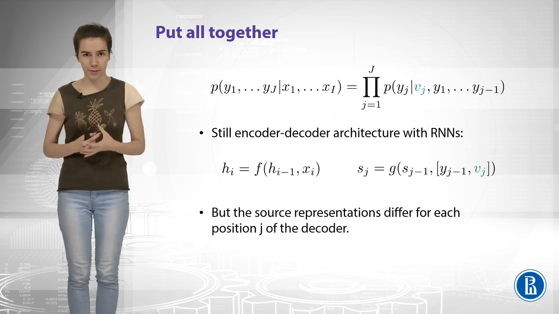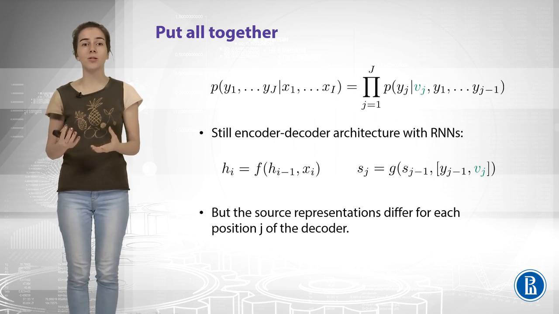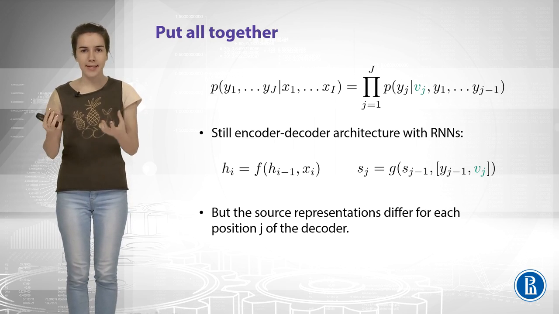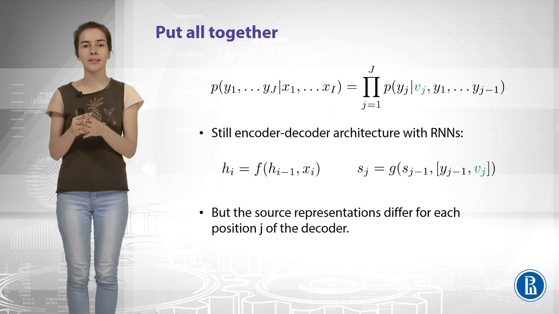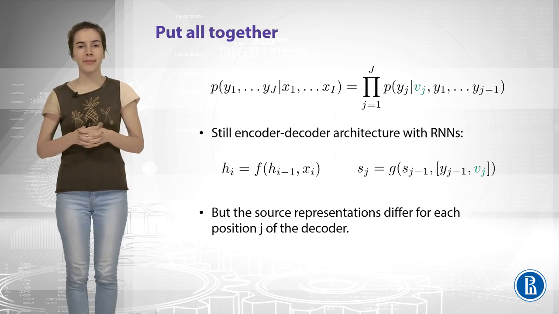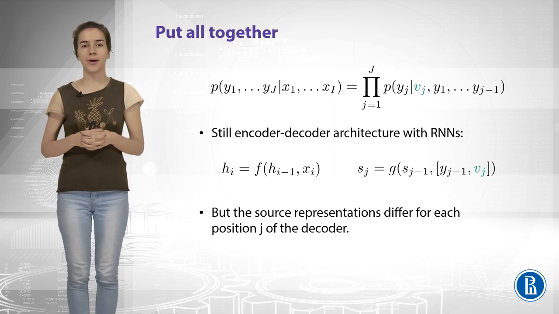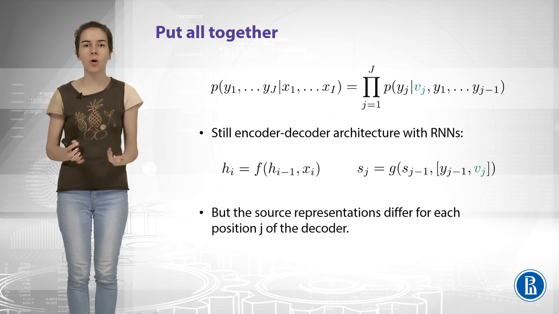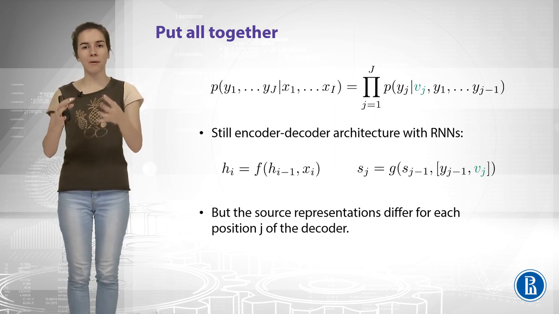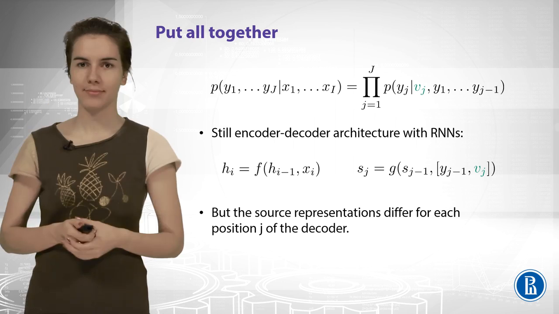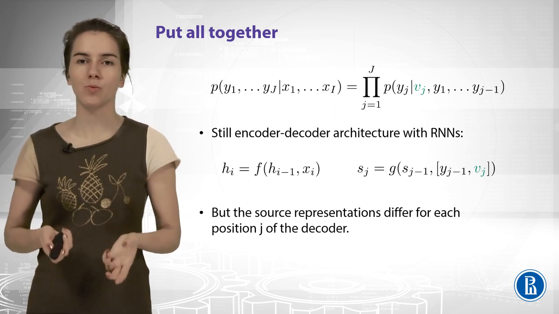This Vj vector is used in the decoder. It is concatenated with the current input of the decoder, and this way the decoder is aware of all the information that it needs: the previous state, the current input, and now this specific context vector, computed especially for this current state.